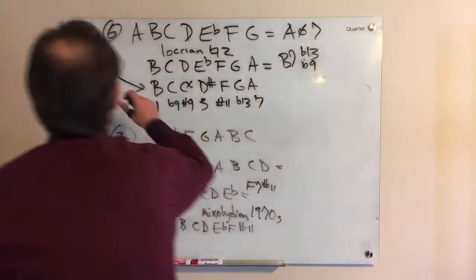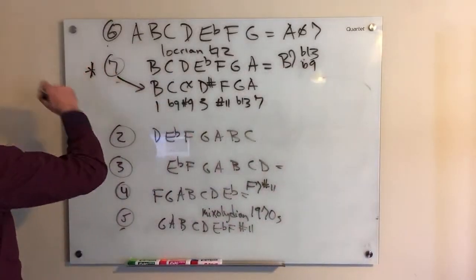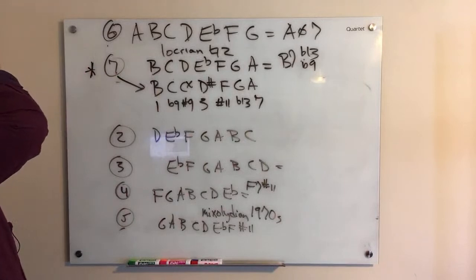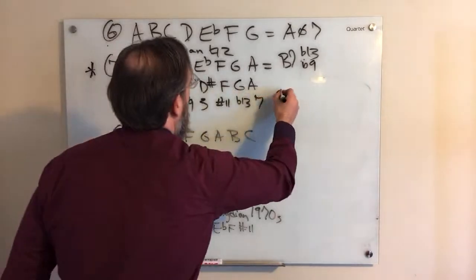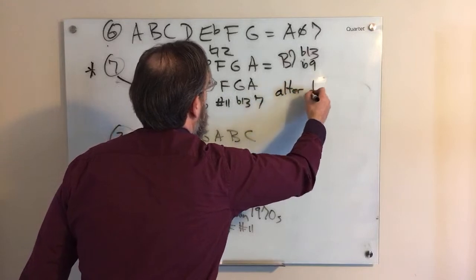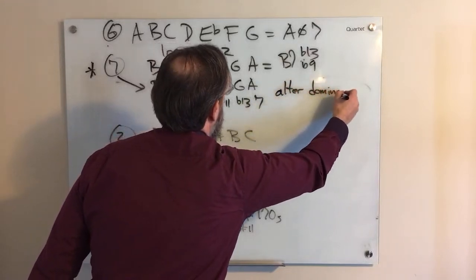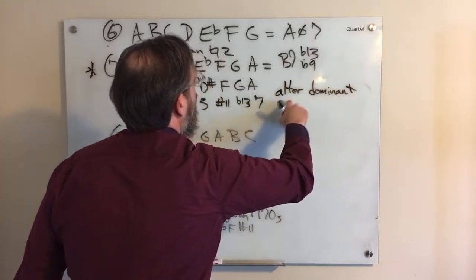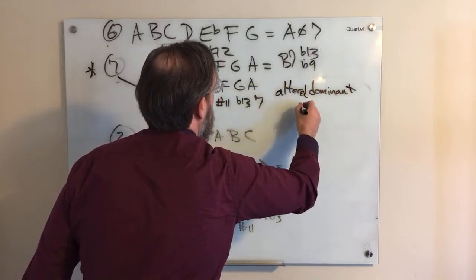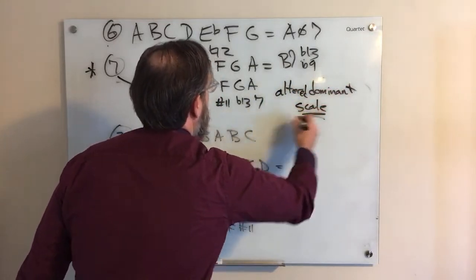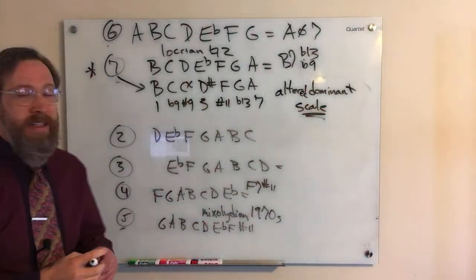And this is the most common way in which the ascending melodic minor is used. It's also called the altered dominant scale, because it's a dominant chord that's been altered. Altered dominant scale. There are some other names for it, but that's the most common.